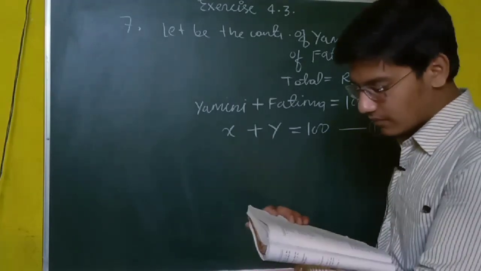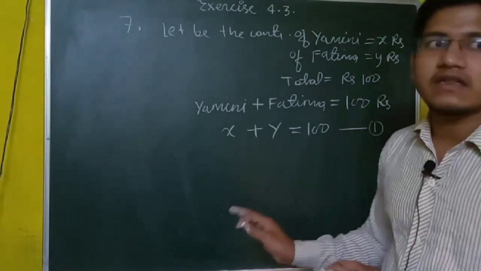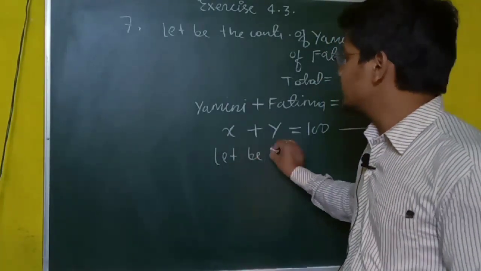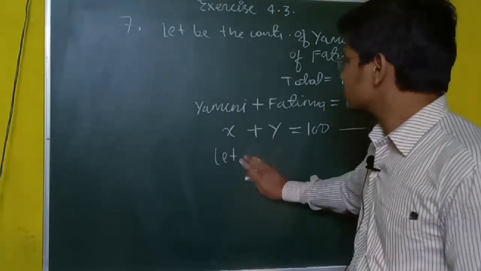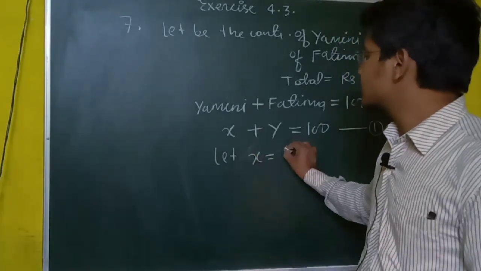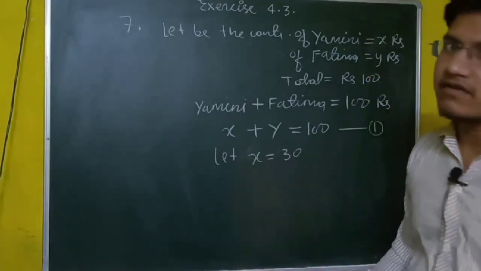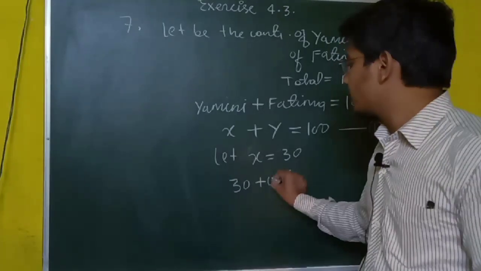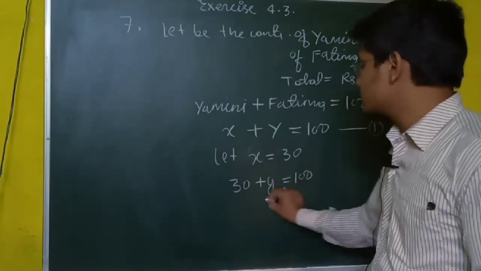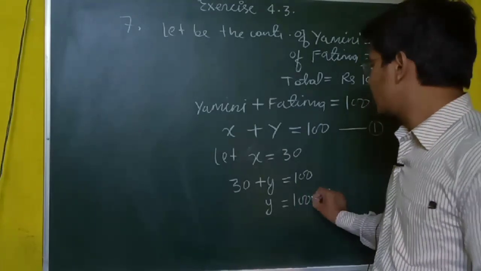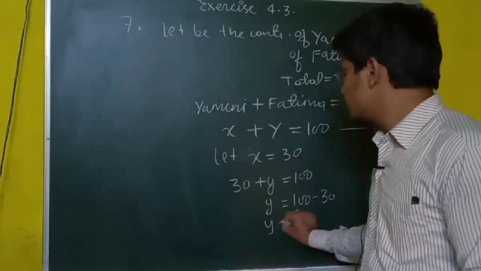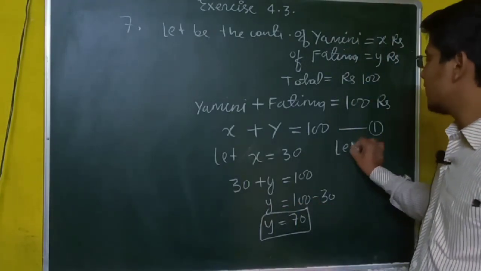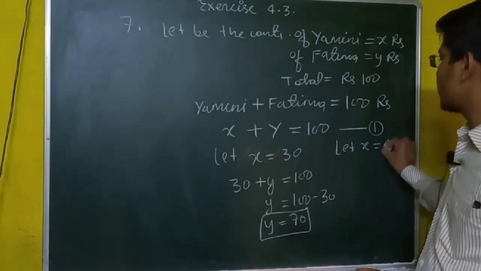Now we want to make the graph of this situation, so we will find two solutions. Let the value of x be 30. We are considering the value of x as 30. So 30 plus y equals 100. So the value of y will be 100 minus 30, so y is 70. Second one, let x equal 40.